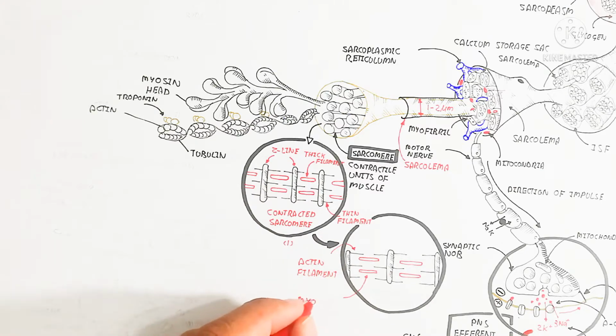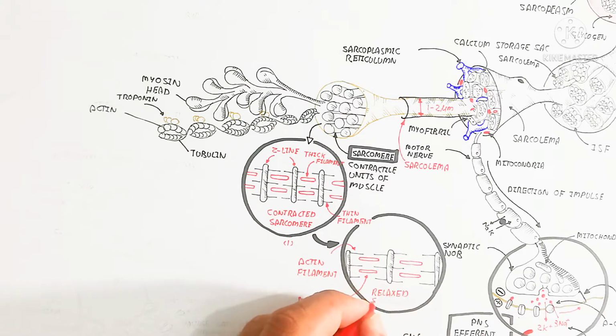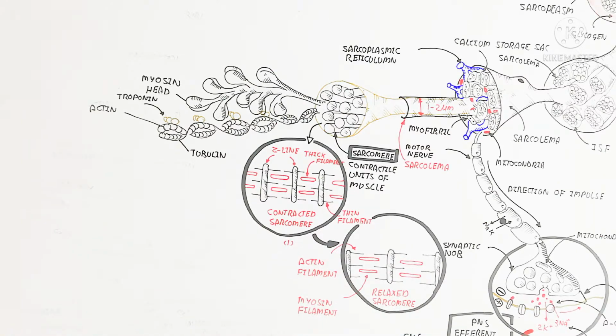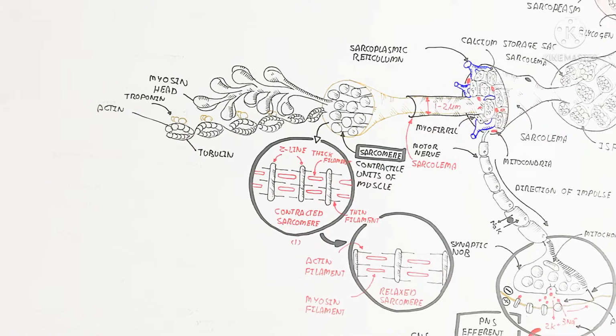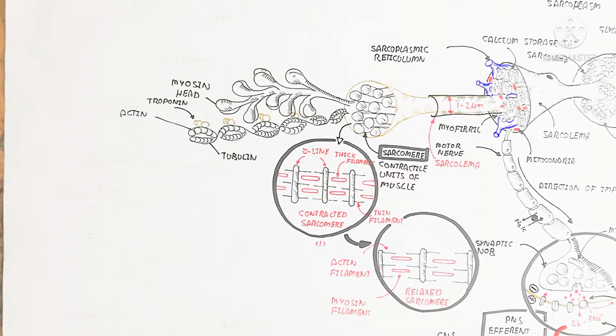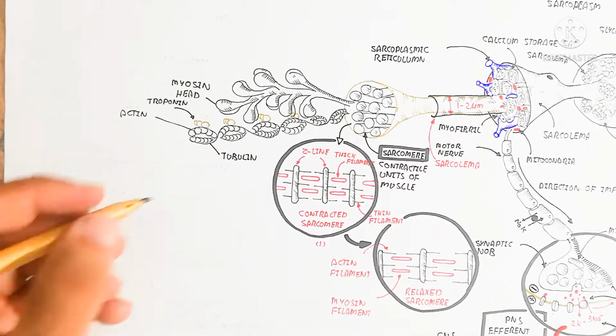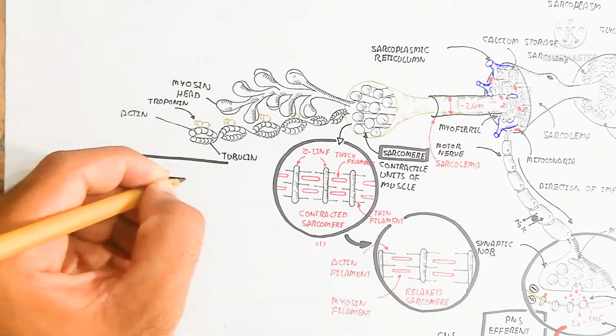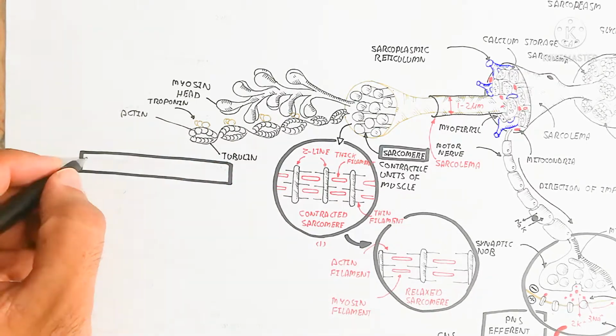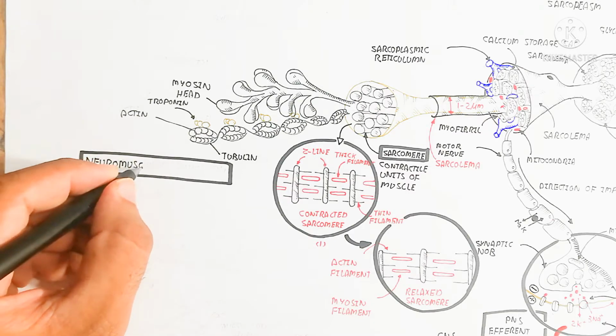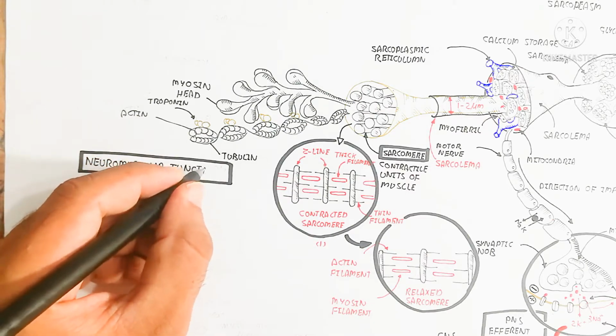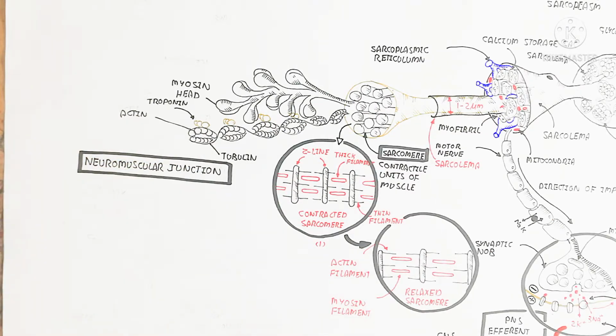That is why rigor mortis occurs after death, and the muscle stays cramped in an irreversible state. Here is the actin filament and here is the myosin filament in the relaxed state.